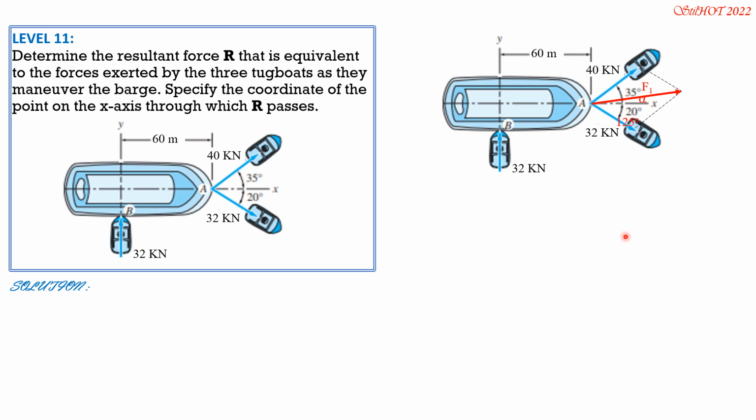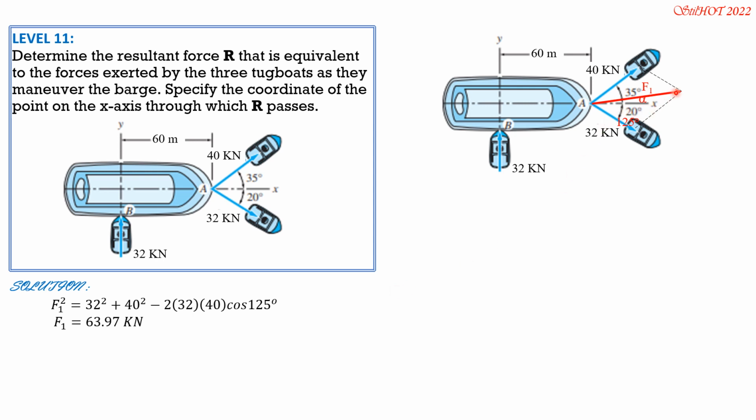Then by cosine law, F1 squared equals 32 squared plus 40 squared minus 2 times 32 times 40 cosine of 125. So the magnitude of F1 is 63.97 kilonewtons.